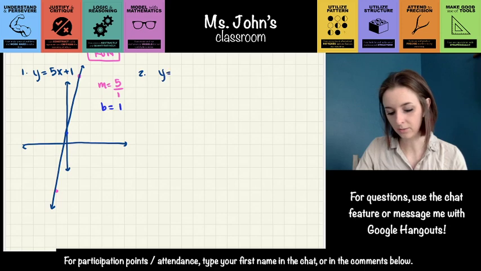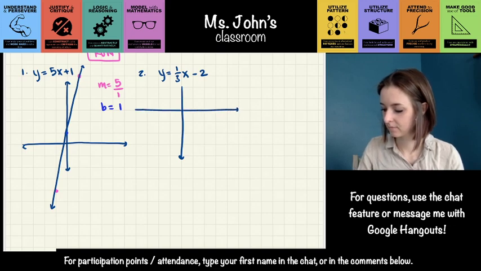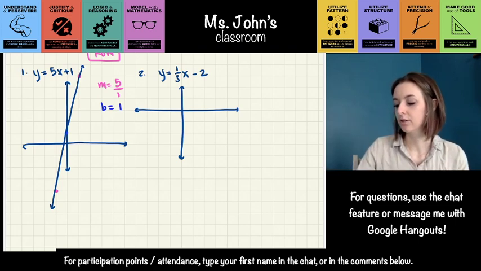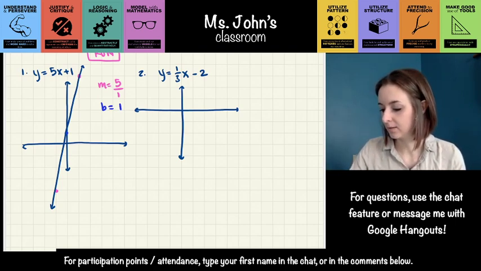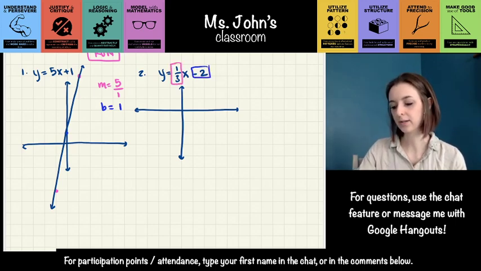The second one is y equals 1/3 x minus 2. This one I don't need quite as big of a graph, thank goodness. Okay, again, you start with a y-intercept, which is -2 in this case, and the slope is up 1 over 3.